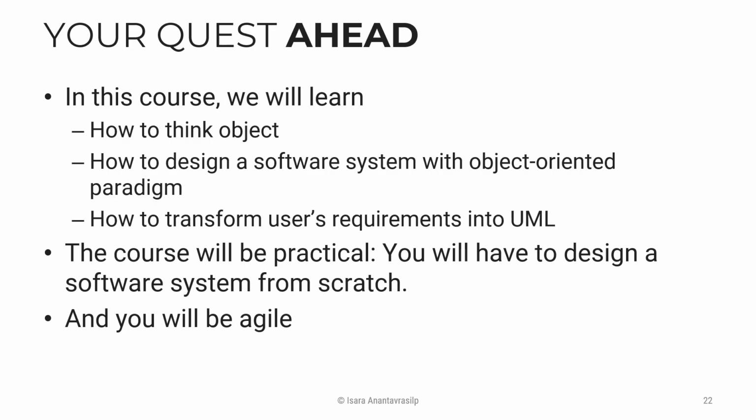Let's talk about the practicality a little bit here. In this course, you will learn to design a software system from scratch. What we normally do in the OOAD course is that the students come up with their own project. You can design anything you like. You can design an EV station, a spacecraft, a space station.